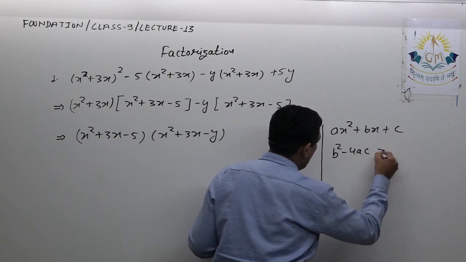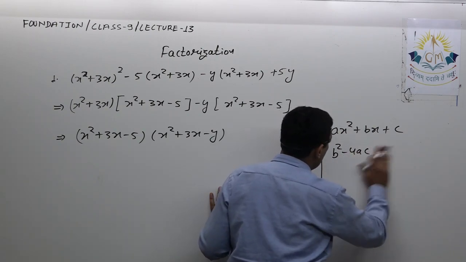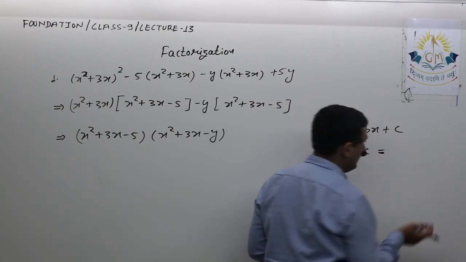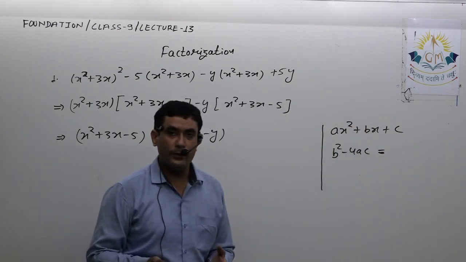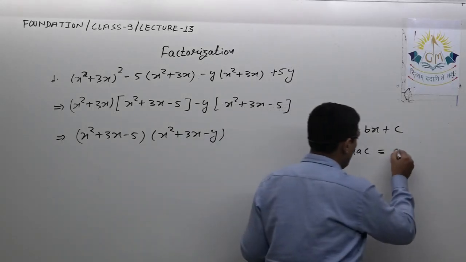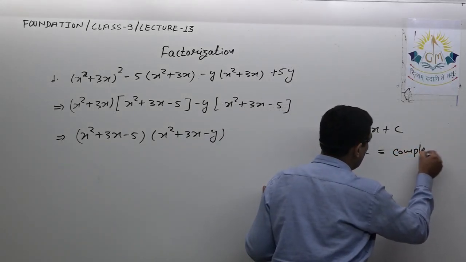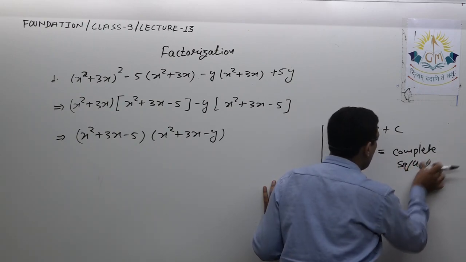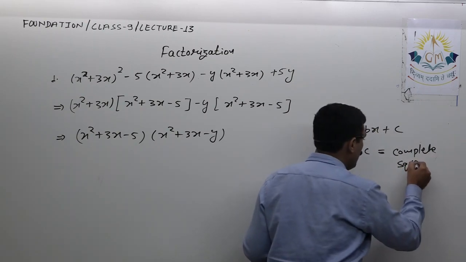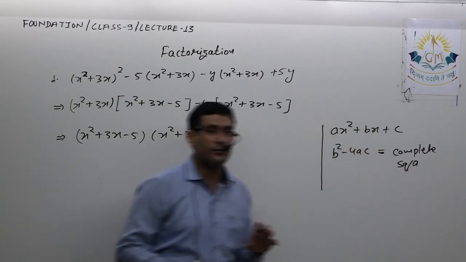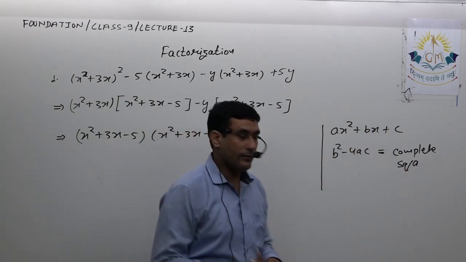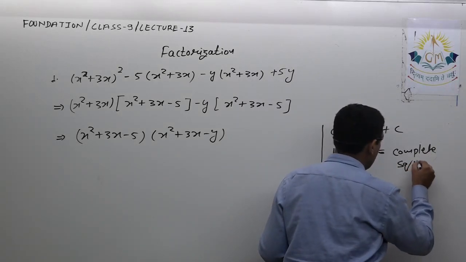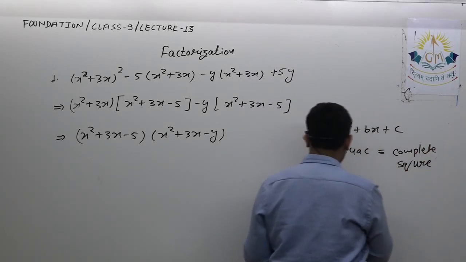It must be a complete square. If it is a complete square, then it is possible to factorize further. However, if it is not a complete square, it is still possible, but in that case its factors will be irrational. And here I am trying to find rational factors.